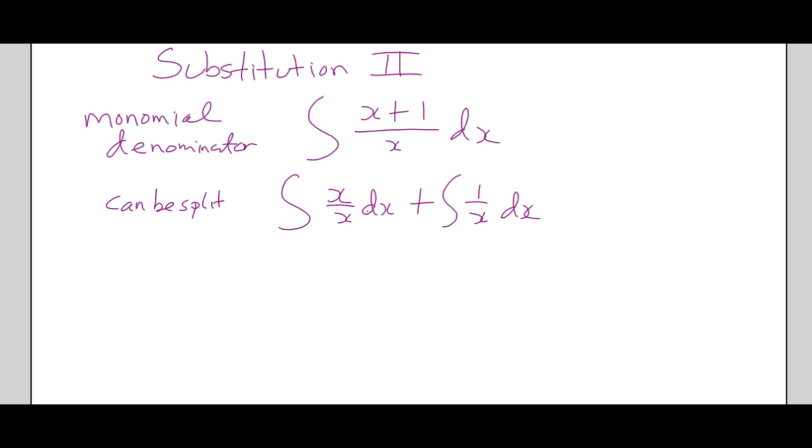All right, so you can split that out. That's pretty easy to work out, right? It's just the integral of 1 plus 1 over x dx. So I've just recombined them, right? Sum of integrals, the integral of the sum. And it's just a way of rewriting x plus 1 over x as 1 plus 1 over x.